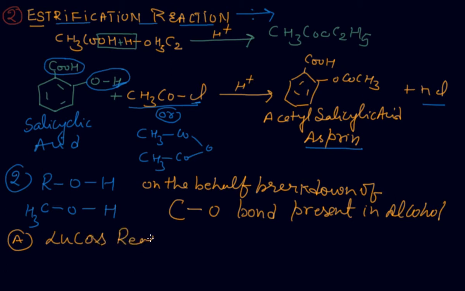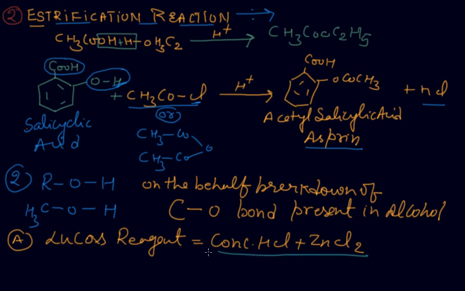First of all, you should know what the Lucas reagent is. Lucas reagent is concentrated HCl with zinc chloride. There are two tests to differentiate between primary, secondary and tertiary alcohol. Lucas reagent has been asked in a number of exams for 1 mark.